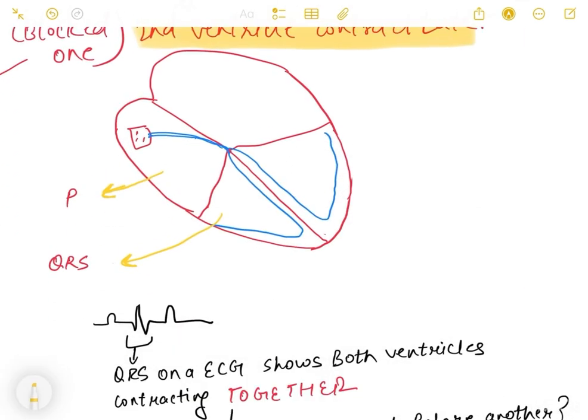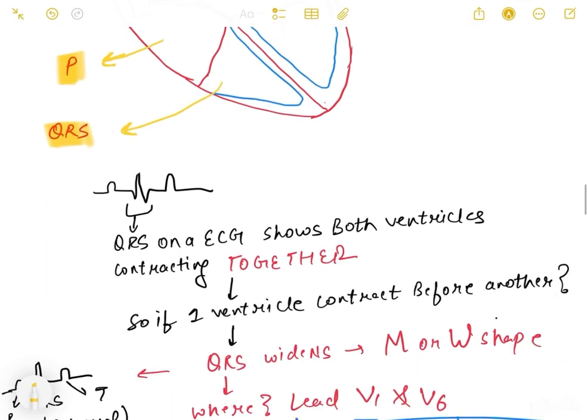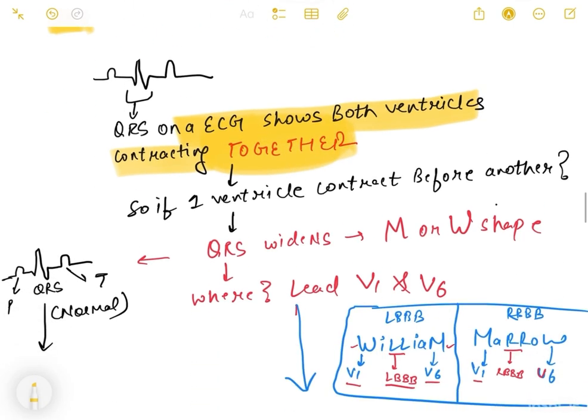Now, as you all know, I have told you many times that the atria's contraction is seen as the P wave in the ECG and the ventricles' contraction is seen as the QRS complex. So the QRS on an ECG shows both ventricles contracting together. Now what if one ventricle contracts before the other?